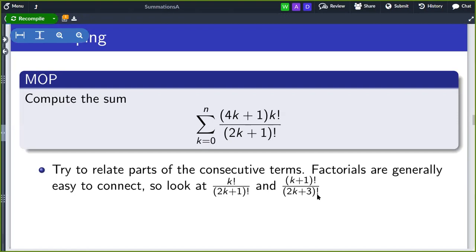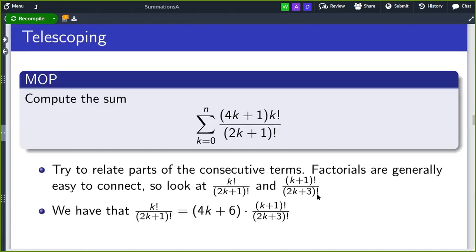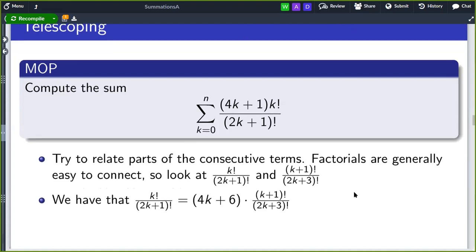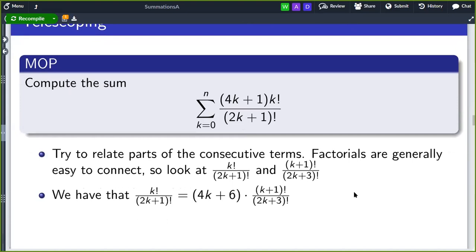Factorials, as I said, are really good for finding recursive relationships. So if we just divide them, we get that k factorial over 2k plus 1 factorial is equal to 4k plus 6 times k plus 1 factorial over 2k plus 3 factorial. And this is really easy to manually check. Now that we have this, we want to somehow put it back into the original equation.